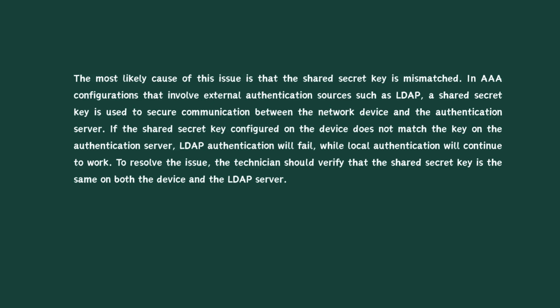If the shared secret key configured on the device does not match the key on the authentication server, LDAP authentication will fail, while local authentication will continue to work. To resolve the issue, the technician should verify that the shared secret key is the same on both the device and the LDAP server.